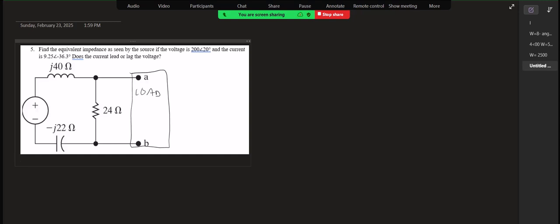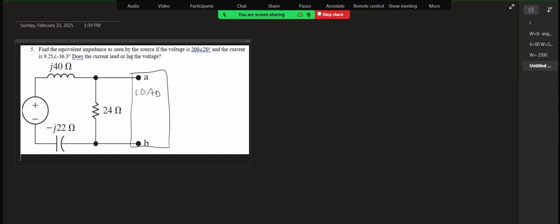All right. Find the equivalent impedance as seen by the source if the voltage is 200 angle 20 and the current is 9.25 angle negative 36.3. Does the current lead or lag the voltage? I don't have the answer for this.